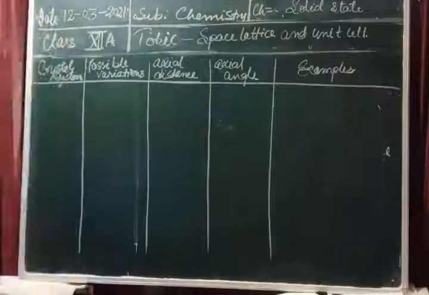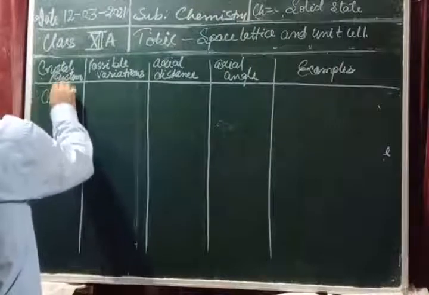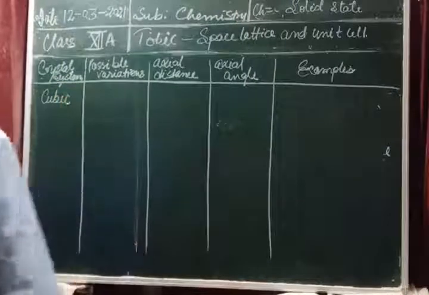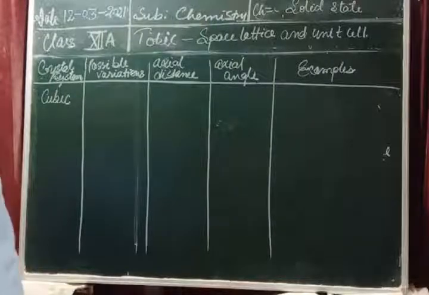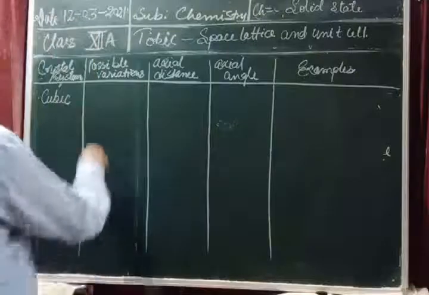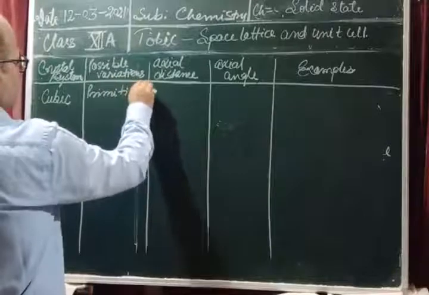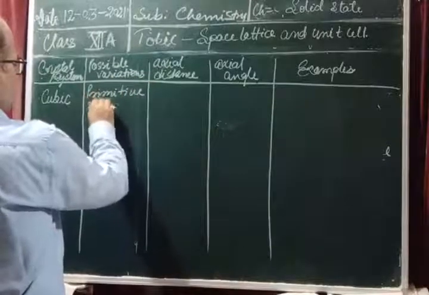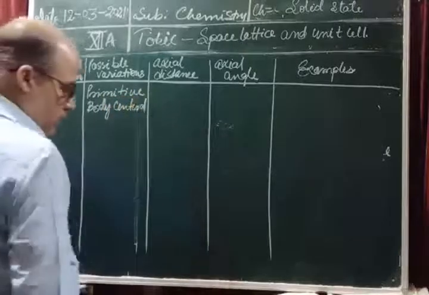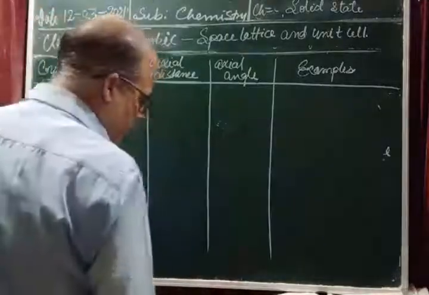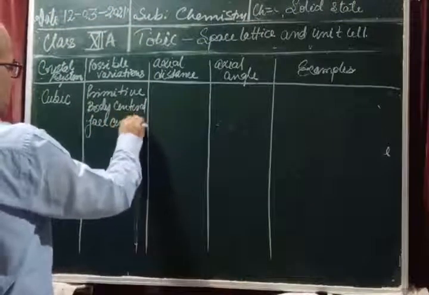Okay, we will start from the cubic system. There are 7 systems. First is the cubic system. It may be primitive, body centered, and face centered.